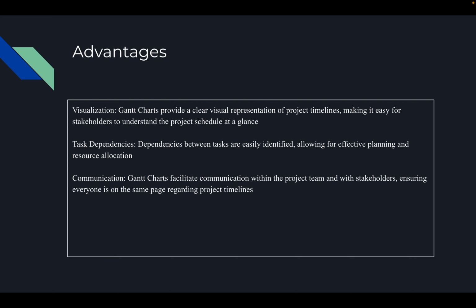They're better defined, and this can help with more efficient planning. And then communication. When you use Gantt charts, this can help make communication better within the project team and with the stakeholders, and everyone, like I said, is on the same page with the different timelines and whatnot.